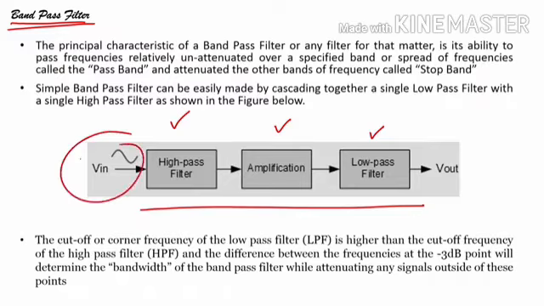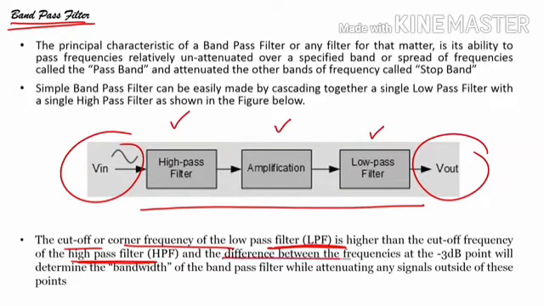We apply an input peak to peak with a certain frequency, and we will see what the output is and which frequencies it can pass. The cutoff or corner frequency of the low pass filter is higher than the cutoff frequency of the high pass filter, and the difference between the frequencies at the -3 dB points will determine the bandwidth of the band pass filter. What does it mean?